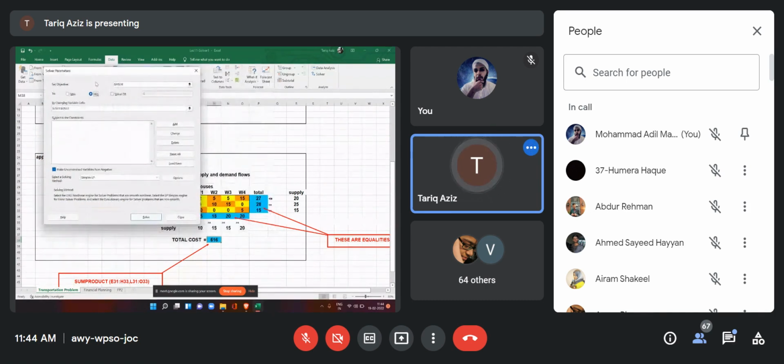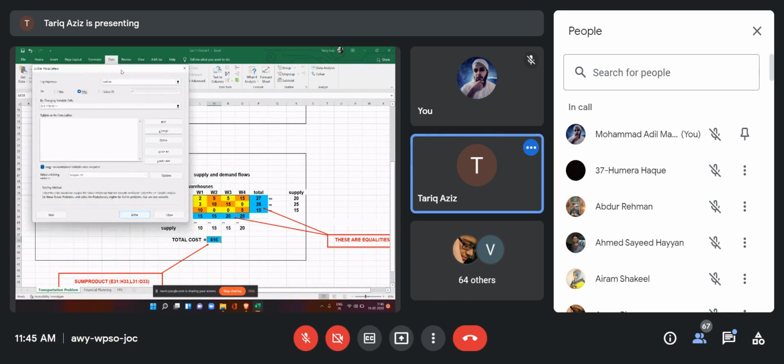After selecting minimize, the third option that we have to specify is which values should be changed in the formula to minimize the cost. These are the second matrix that shows the number of units that should be transported from different factories to different warehouses.